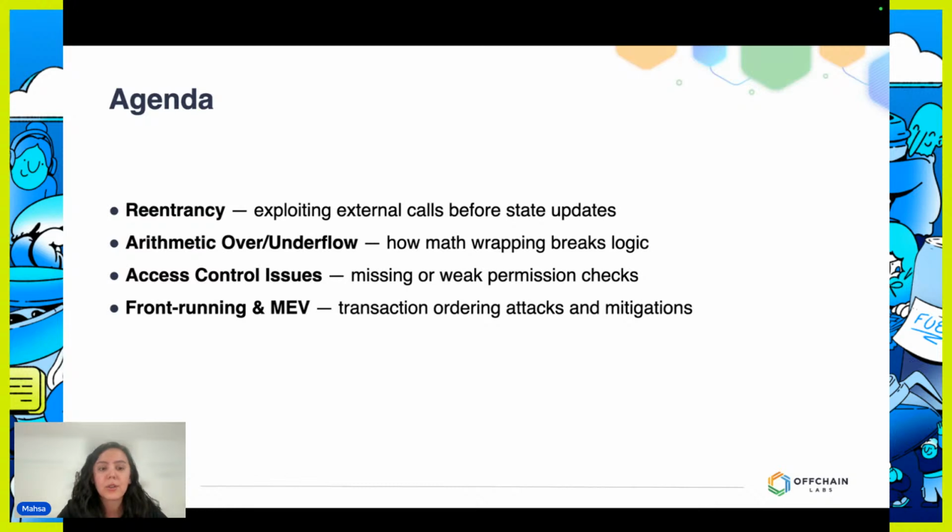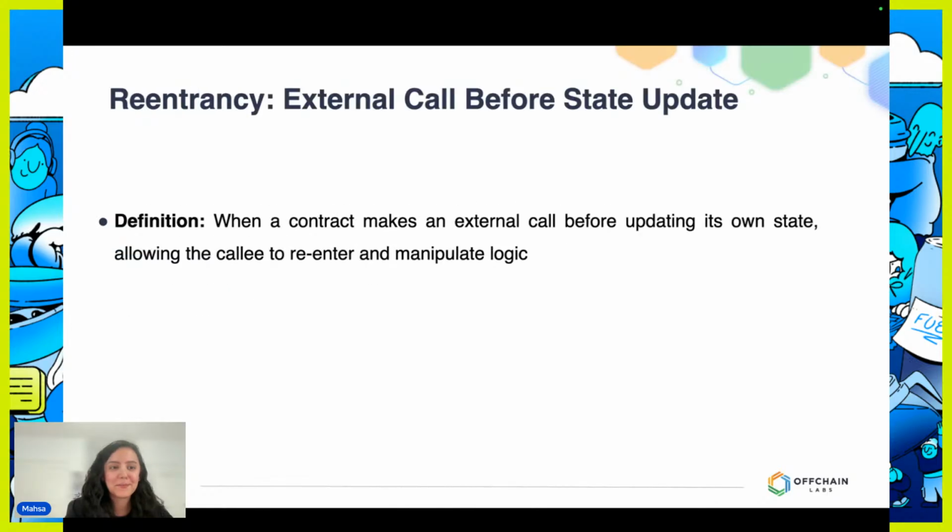And finally, I'm going to talk about front running and MEV, miner extractable value, which is about transaction ordering and censorship of transactions on public blockchains like Ethereum. In each case, we're going to talk about how you can avoid them, of course, so that you can walk away with something useful from this talk.